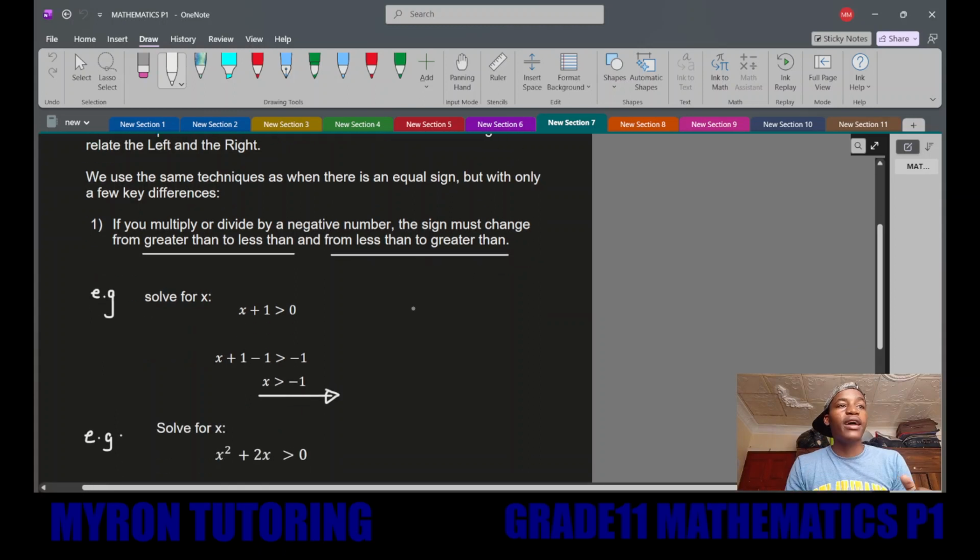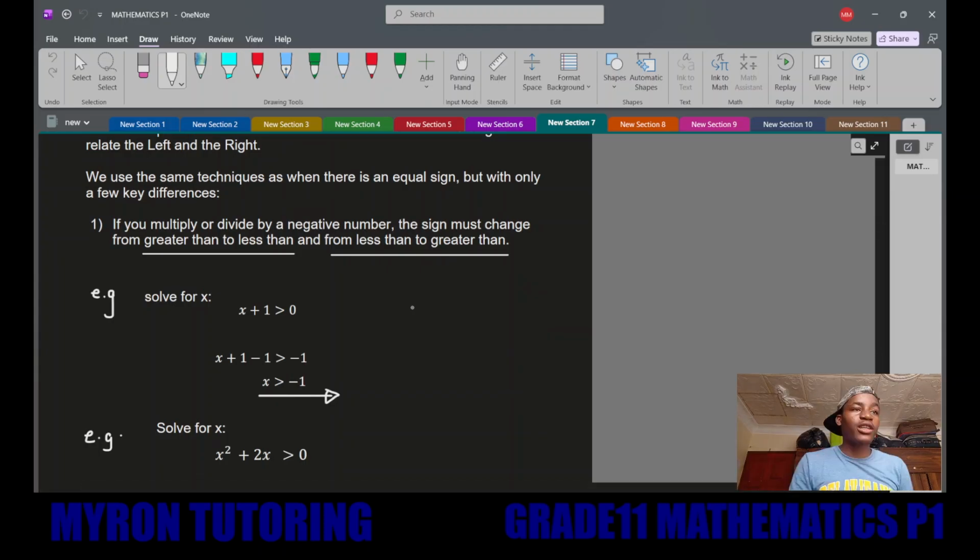The key difference number one is that if you multiply or divide by a negative, the sign must change from greater than to less than, and from less than to greater than. What am I saying? I'm saying if you have x is greater than 2, if you multiply by a negative, that means that it must change to, let's just say we multiply by negative 2.